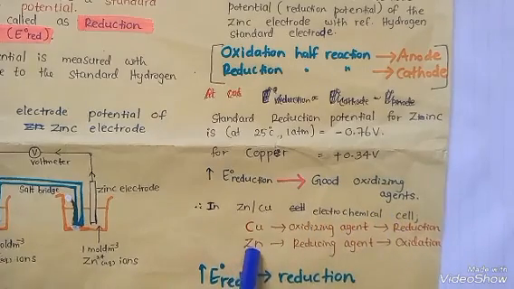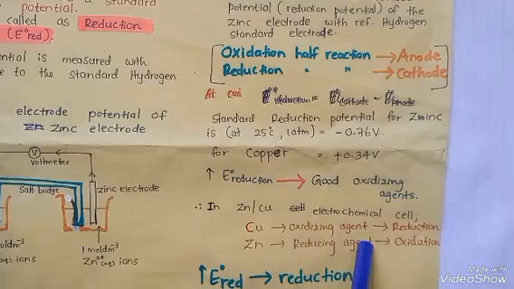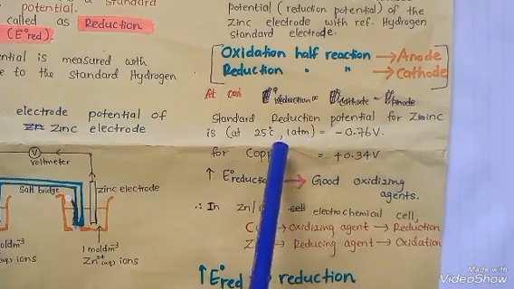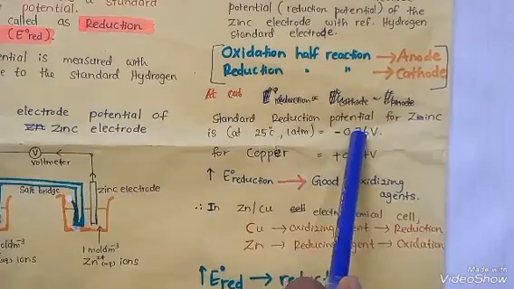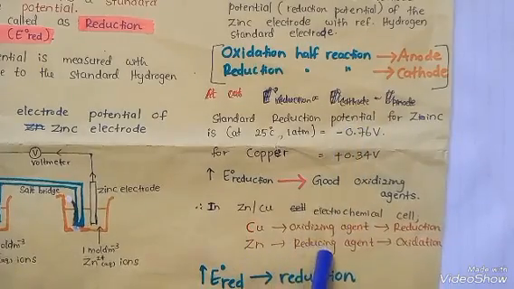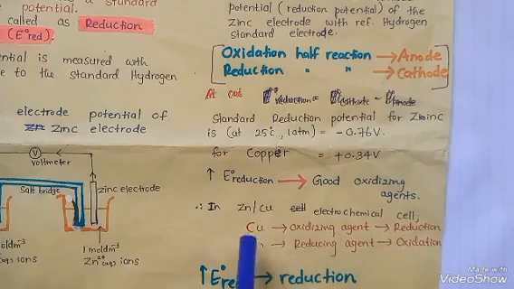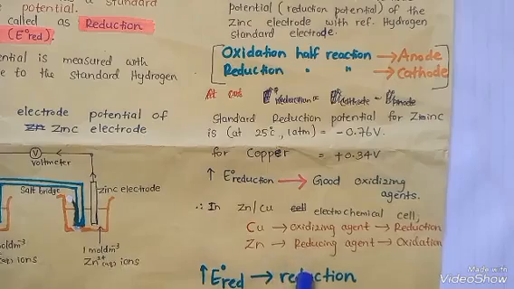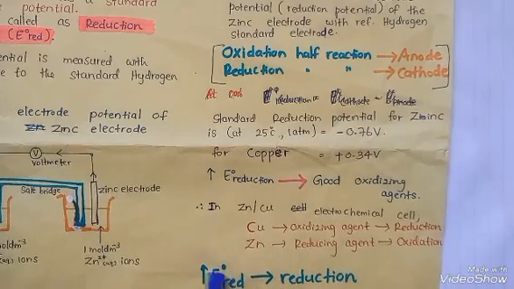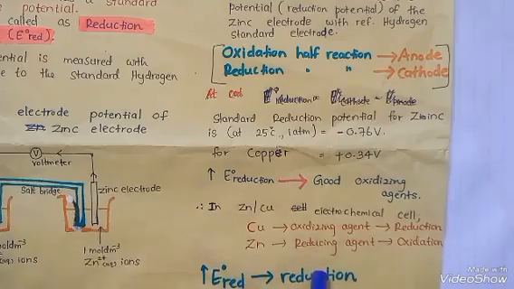And zinc is the reducing agent because it has the lower reduction potential. Zinc is the reducing agent and it undergoes oxidation. So the higher the reduction potential, the more it undergoes reduction.